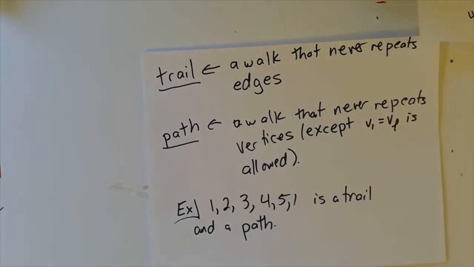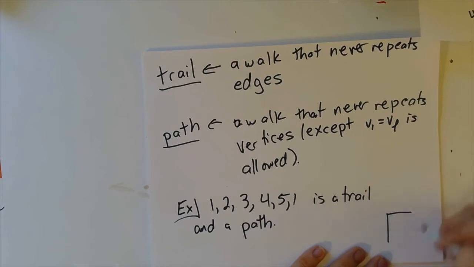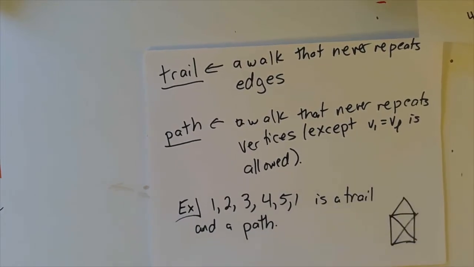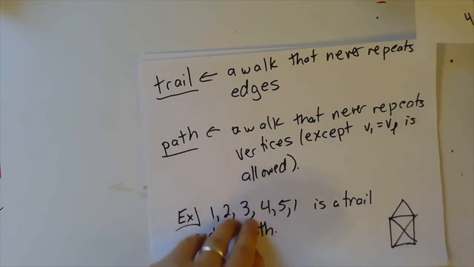Or you might have played these games when you were a youth, where they gave you some figure like this and asked if you could draw the house without picking up your pencil and without going over the lines. That will correspond to some sort of trail. And then we'll also ask questions about, like, is it possible to visit every vertex exactly once? So is it possible to have a path that includes every vertex? We'll talk about that kind of thing as we go along.